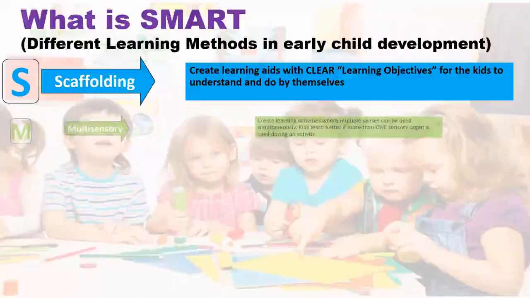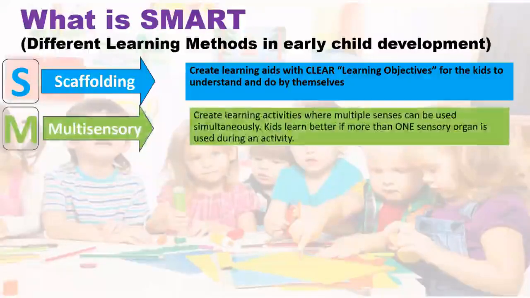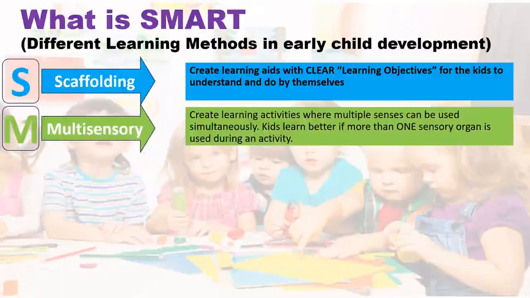Then the second technique in the smart is the multisensory. Multisensory technique talks about the common principle, and that principle is that if we use multiple senses of the children, then the learning becomes multifaceted and learning becomes much faster.